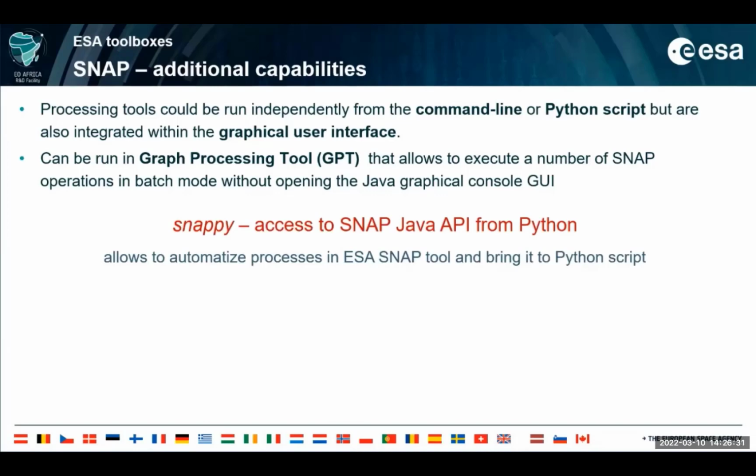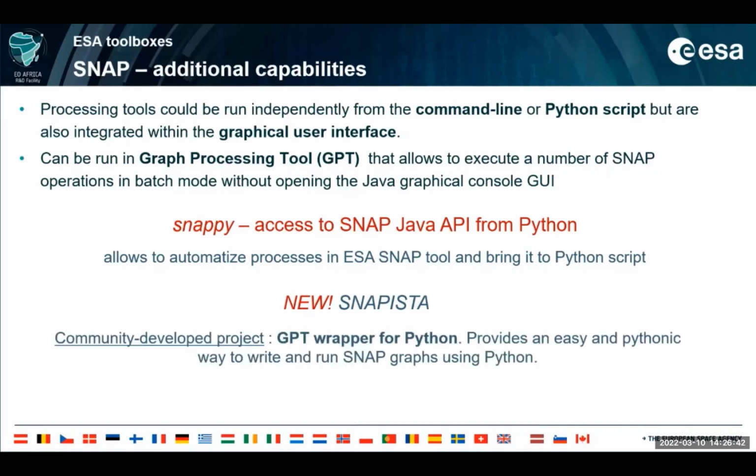A dedicated Python package, Snappy, has been developed to automatize processes in the ESA SNAP tool and bring it to Python script. Also recently, a community-developed project appeared which provides an easy and Pythonic way to write and run SNAP graphs using Python. This GPT wrapper for Python is called Snapista.